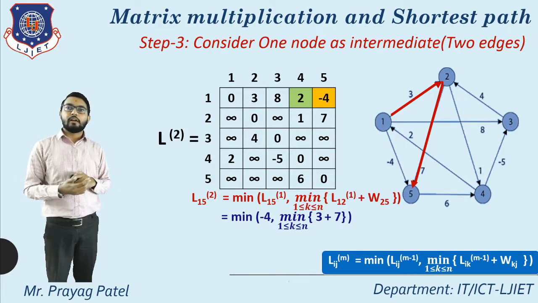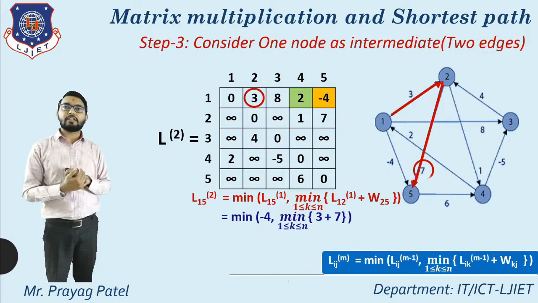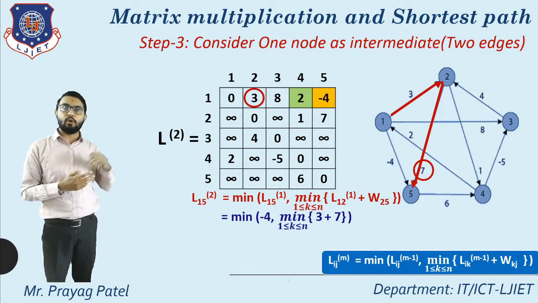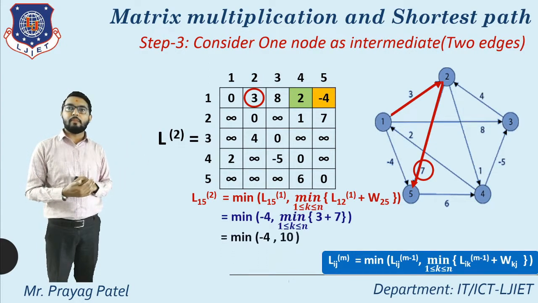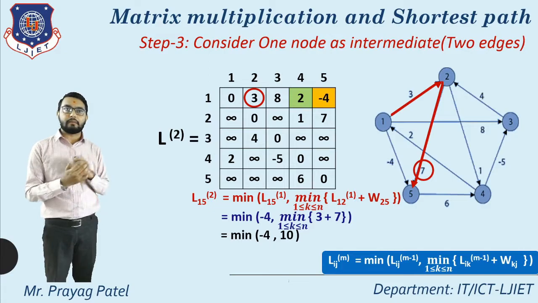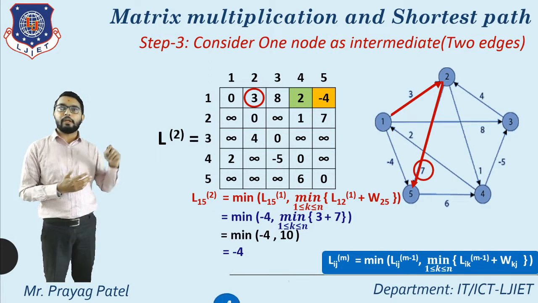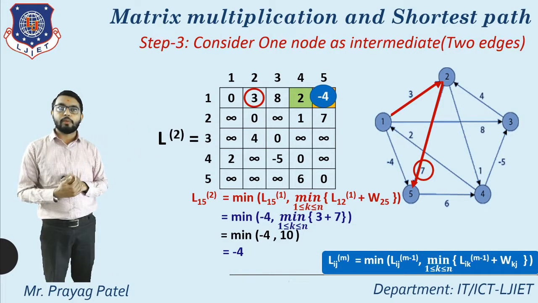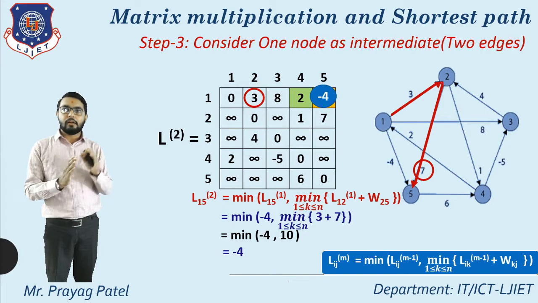Okay, so here consider minimum of minus 4 and next consider 3 plus 7. So here consider 3 as our table value, 7 as a weight, then consider next value as minimum of minus 4 and 10. So out of these two minimum equal to minus 4. So here consider minus 4 as it is, no need to replace this value because old value is better than new value.